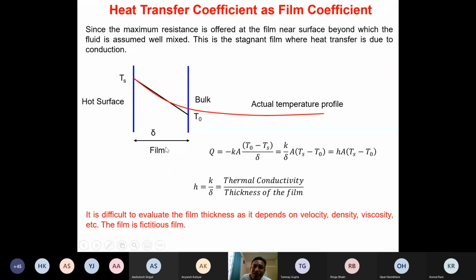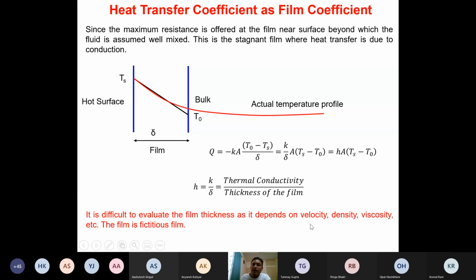In a practical situation, there will be some velocity, and that will account for the effect of velocity, density, and viscosity, etc. So here we are assuming that this film is exactly stagnant near the wall, and therefore this heat transfer coefficient H is only a function of K, isn't it? Again this delta is also a function of density, viscosity, and velocity, isn't it?